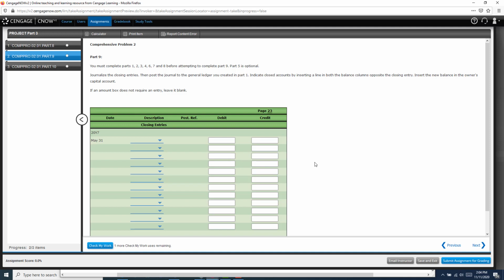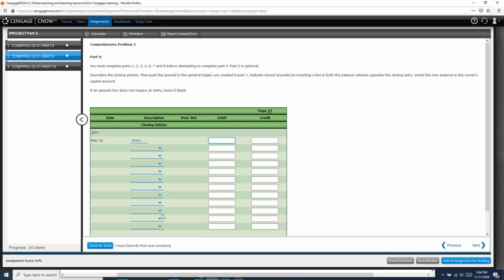So the normal balance of those accounts, so sales, normally it's a credit. And whatever that balance is, now we have to debit that sales account. So sales, and then input the balance of the sales account. Then we have to select all of the expense accounts here.